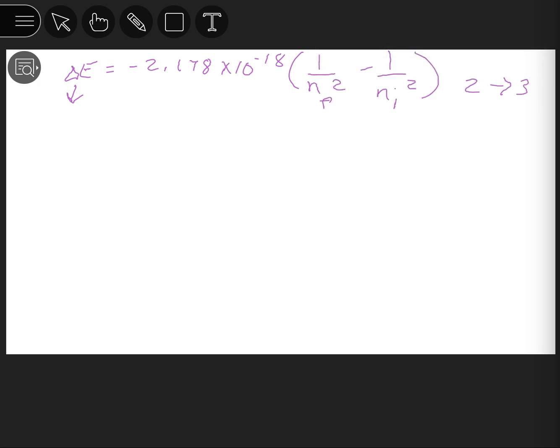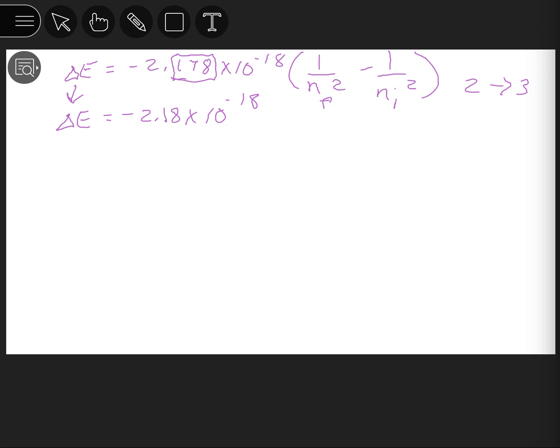If that's the case, then I would do it like this. Delta E equals negative 2.18, and if you round to 2.18, which a lot of places do, the number becomes easier to memorize because it's negative 2.18 times 10 to the negative 18. So you get the 18 and 18 there.